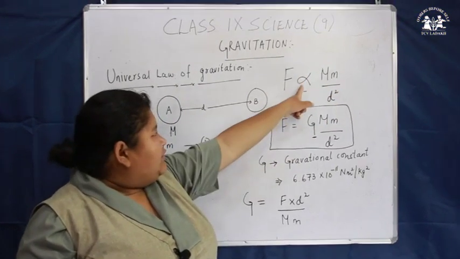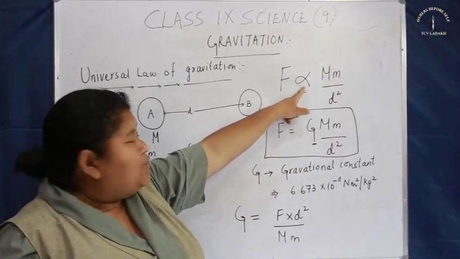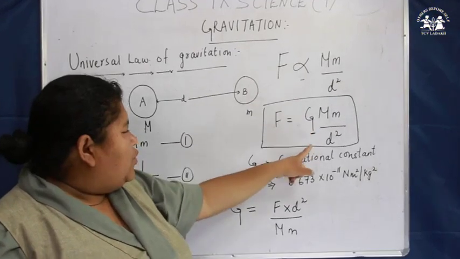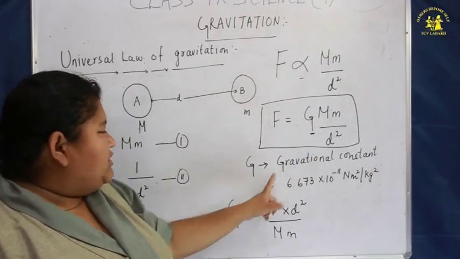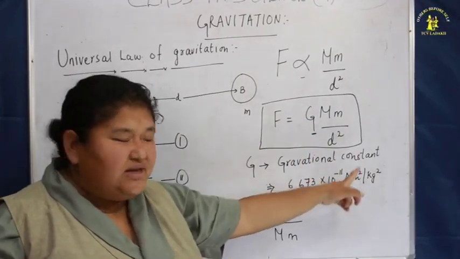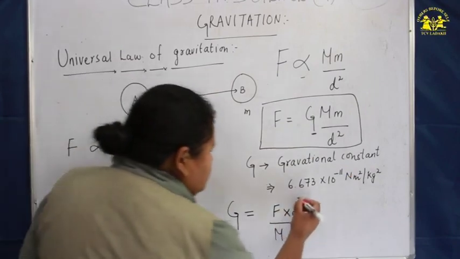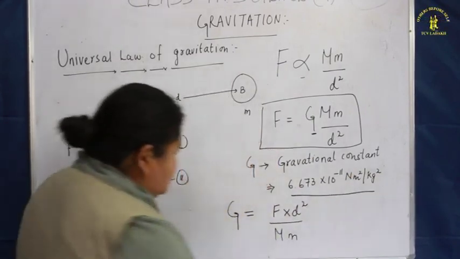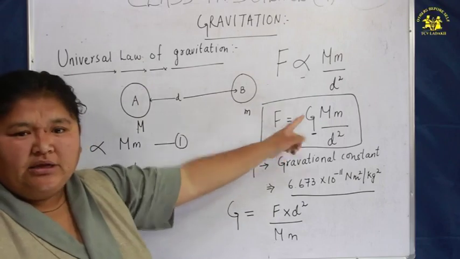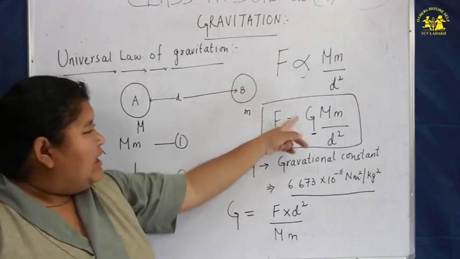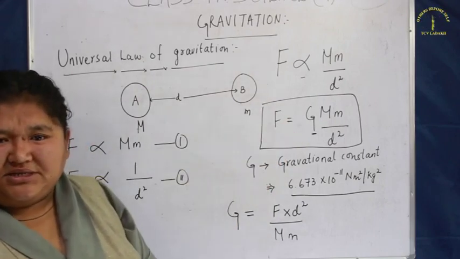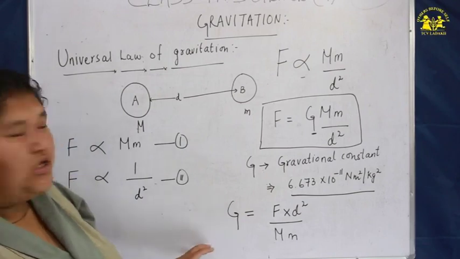And if we remove the proportionality sign, we get a constant G, the gravitational constant, and this is the formula to calculate G. So I hope it's all clear, right?